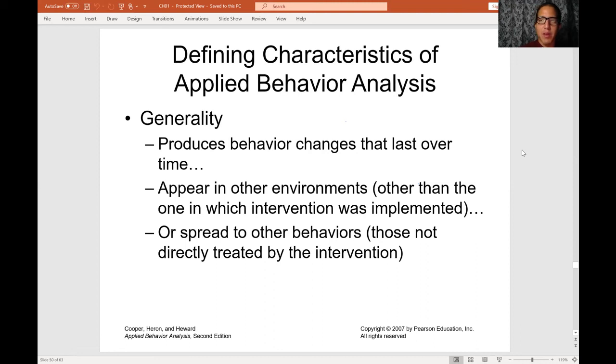For example, I've heard this before where a parent can say, "Oh yeah, he behaves very good when mom is here, but once mom is not here, or once he goes outside with other children, he does not do what we taught him to do. So behavior analysis does not work."